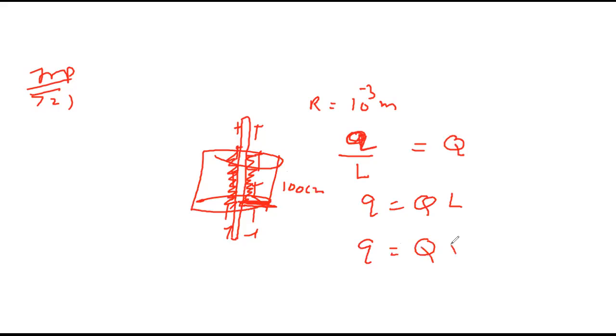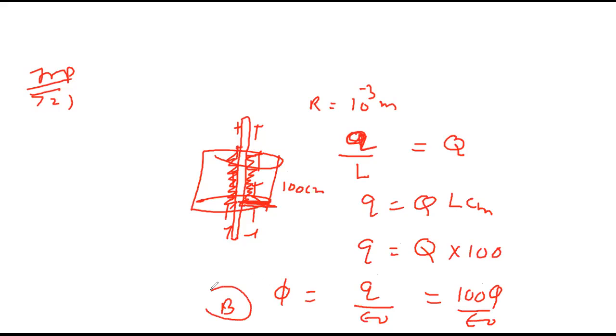So charge enclosed will be Q into 100 centimeter, because this length was in centimeter. Now we want the flux through the cylinder. Flux is net charge enclosed upon epsilon naught. So 100 Q upon epsilon naught, option D.